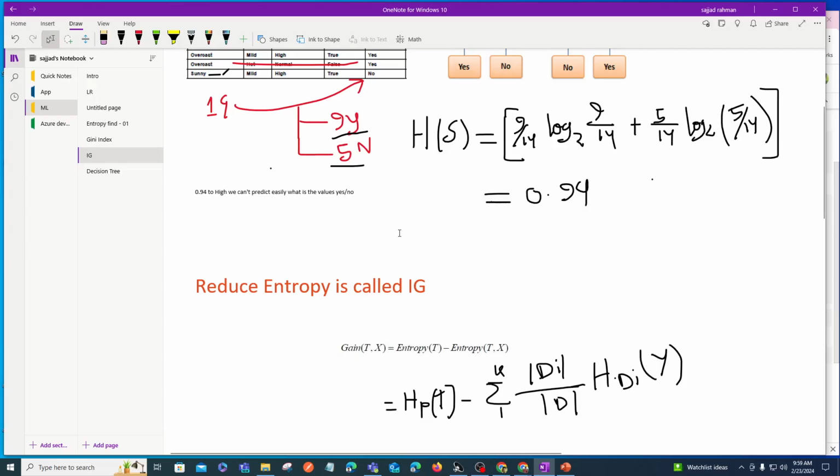First of all, we look at the feature outlook and we divide it into 3. For simplicity I wrote this: 5 sunny, 4 overcast, 4 out of 4 is yes, and rainy 5, 2 yes, 3 no. And with the help of this example we have to calculate our information.